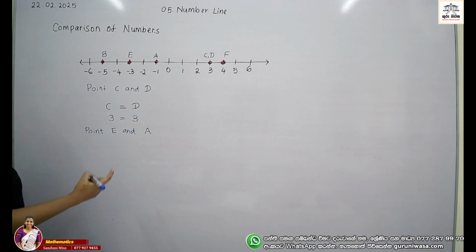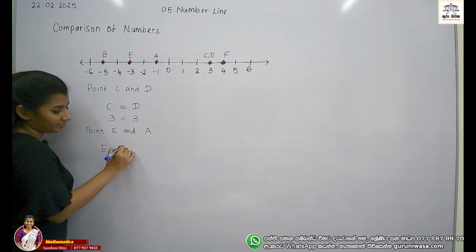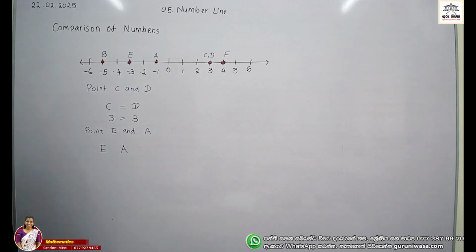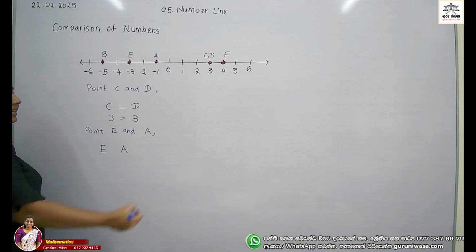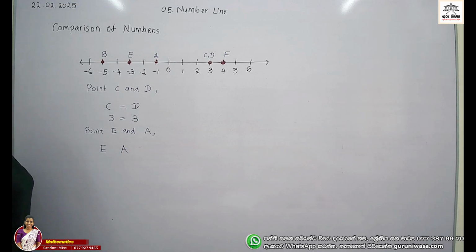Point E and A. So what can you say about E and A? A is greater or E is greater? E is greater. Wrong.